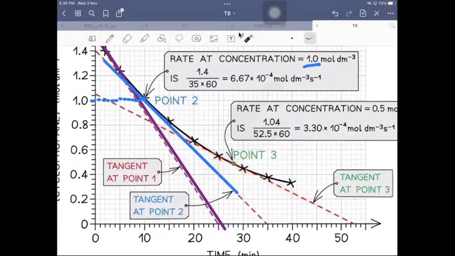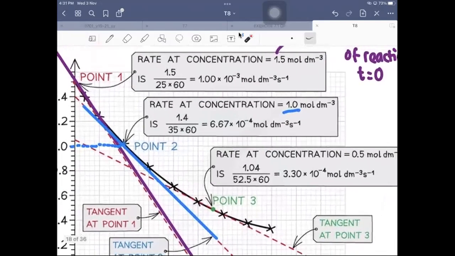Even without doing the calculation, if you compare the purple line, the blue line, and lastly the red line, you can already see that the gradient is getting less steep. The purple line shows the steepest gradient, and the red line shows the gentlest gradient.